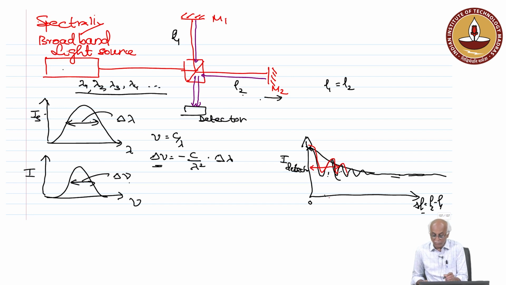This path length, where the intensity of the light becomes 1 by e squared of its maximum, where this is the center, 50%, so at 1 by e squared of this height, when it becomes this length, is known as the coherence length.